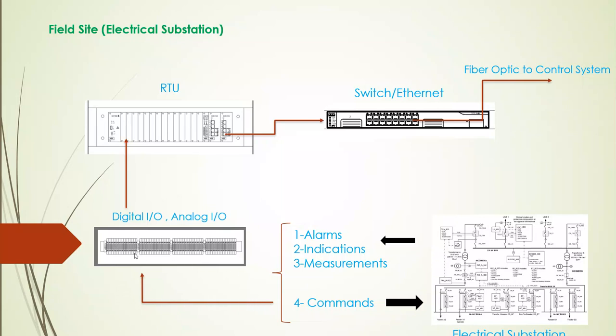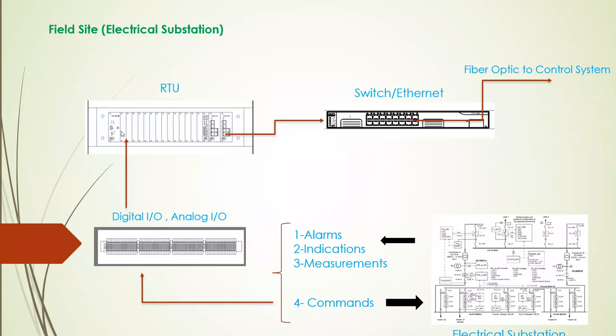These panels include some digital input or digital output, or analog input or analog output. And then this data from the substation goes to the RTU.